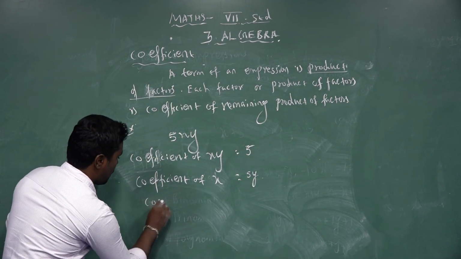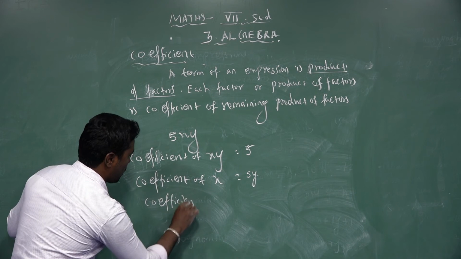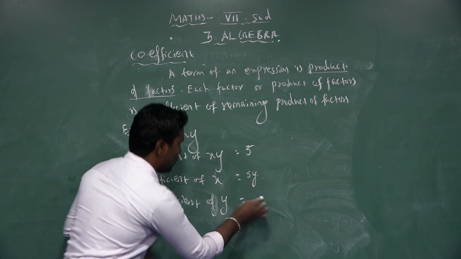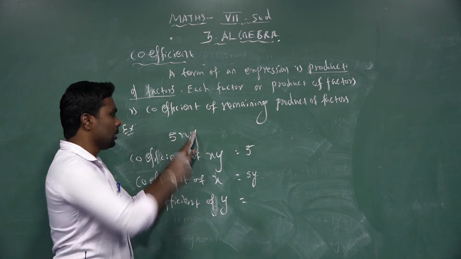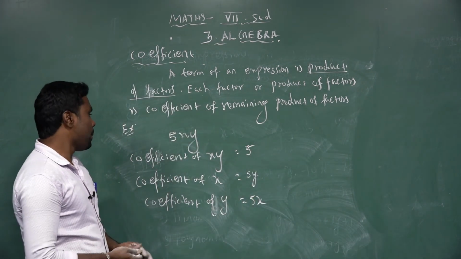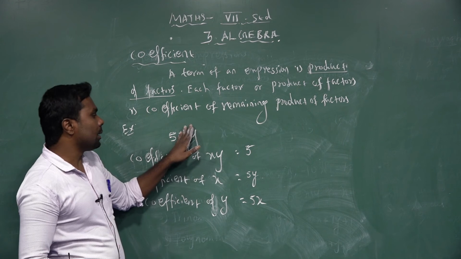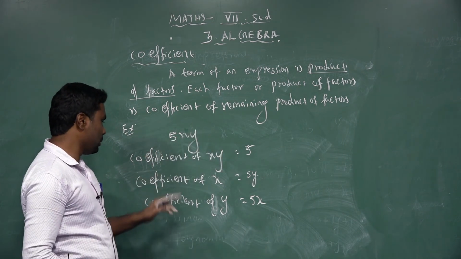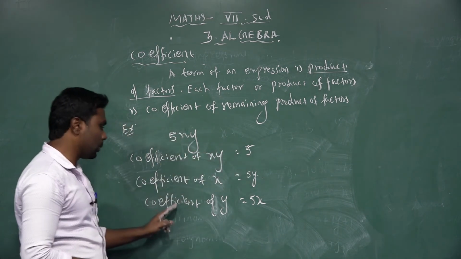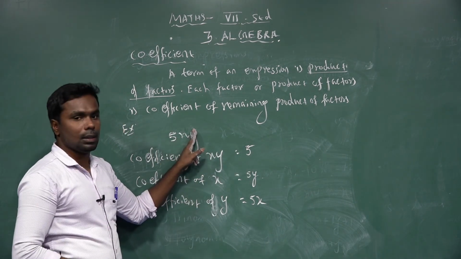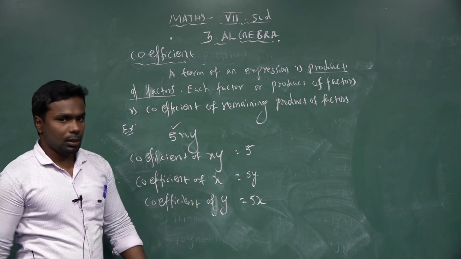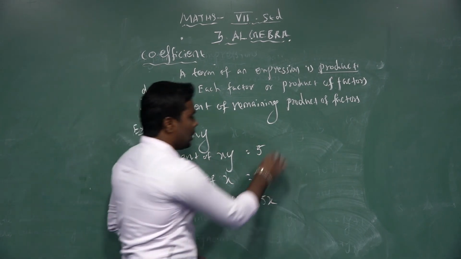Next, the coefficient of y. Hide the y. The remaining numbers are 5x. So, to find a coefficient, hide that part and write the remaining numbers. Here 5 is the numerical coefficient.